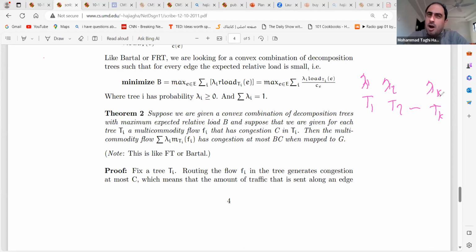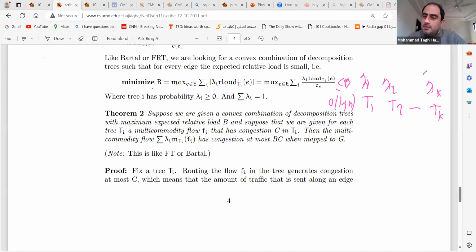Now, how can we get oblivious routing? Oblivious routing comes directly from this. When you get these trees, we had this property that the expected load is at most the expected load over this equation. We had this one, which is at most B.